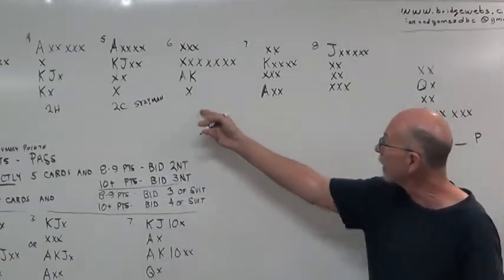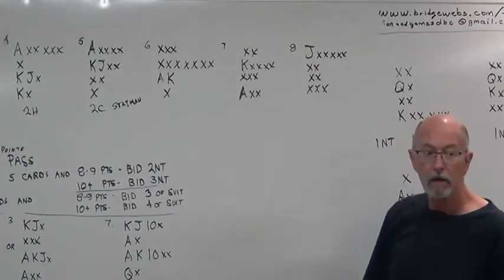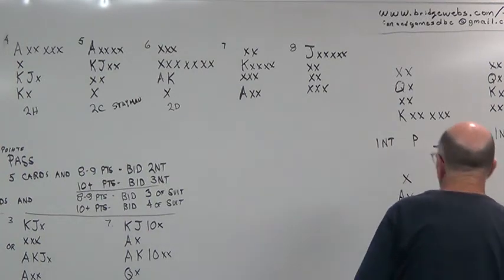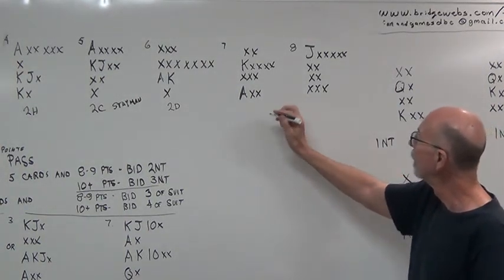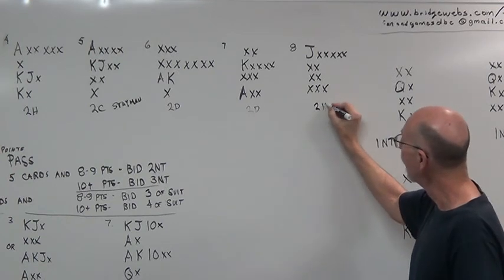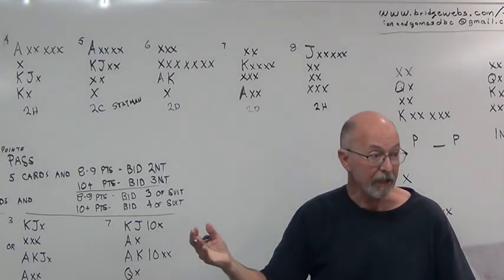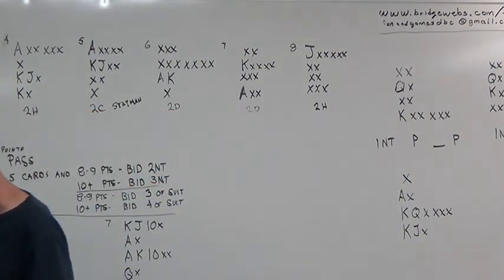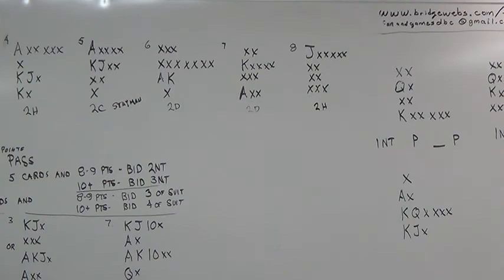All right, how about this hand right here? 2 diamonds. Here, 2 diamonds. And 2 hearts. Okay. That's it. That's pretty easy, right? Automatic. Right? Now, the next bid is also automatic. Now, what does the opener rebid here? 2 hearts.